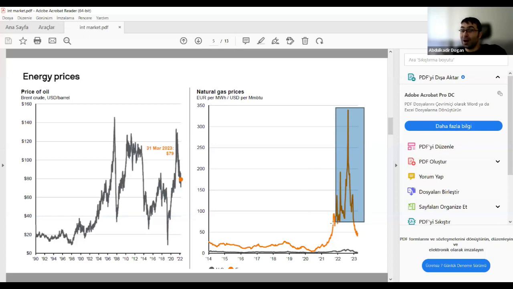Huge, 5 to 7 times higher than the average. If you look at the 10 years average, it is around 20. It is approximately 13 or 16 times higher than the average. This is a disaster for the global economies because everybody is heating their houses with natural gas. Everybody is producing natural gas for the electricity.